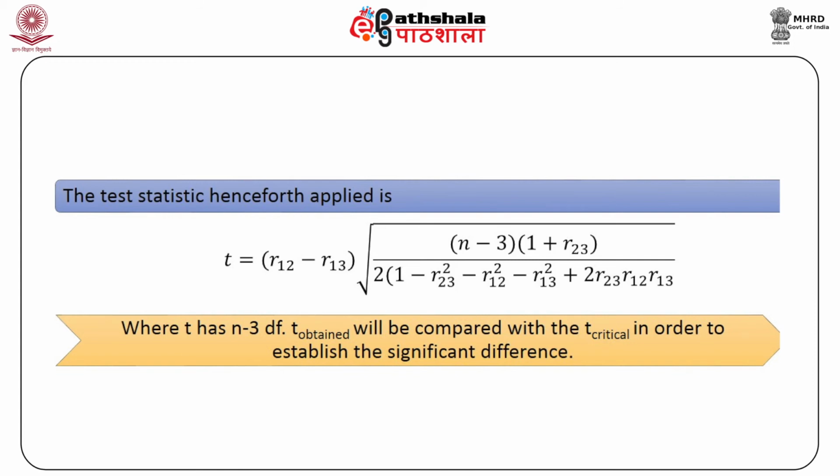The test statistic henceforth applied is t is equal to the following: R12 minus R13 into the square root of n minus 3 into 1 plus R23, divided by 2 into 1 minus R square 23 minus R square 12 minus R square 13 plus 2 R23, R12 and R13, where t has n minus 3 degrees of freedom.